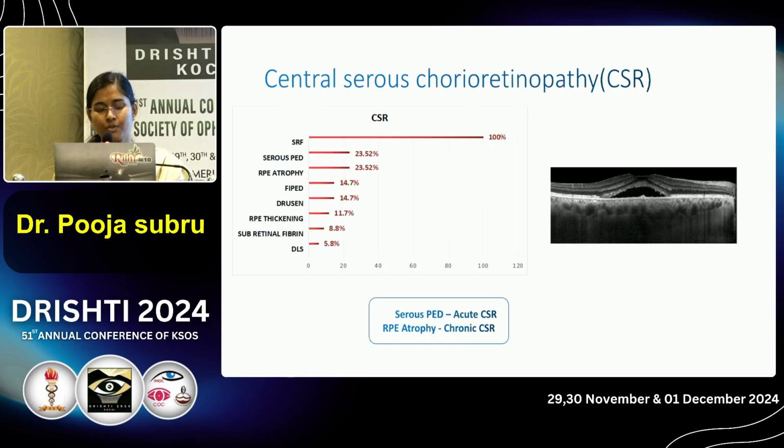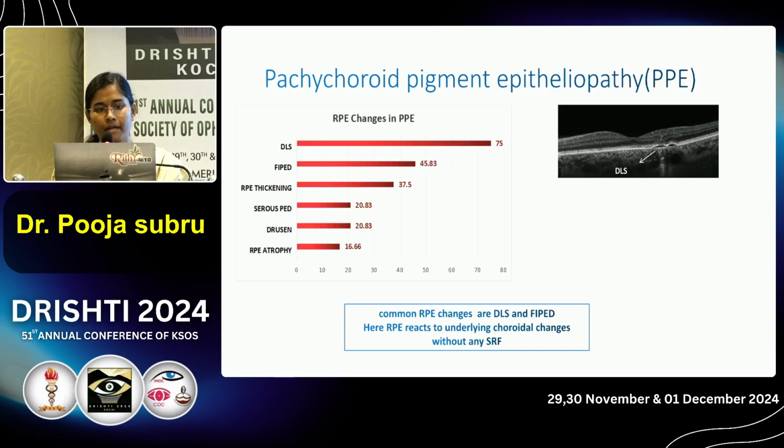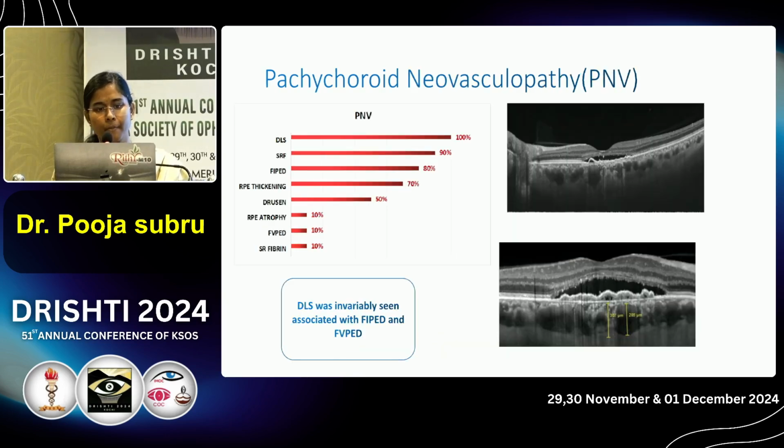Serous PED is the most common RPE change seen in acute cases of CSR, whereas RPE atrophy is seen in chronic cases of CSR. In pachychoroid pigment epitheliopathy, common RPE changes are AA sign and flat irregular PED. Here, RPE reacts to the underlying choroidal changes without any SRF, subretinal fluid.